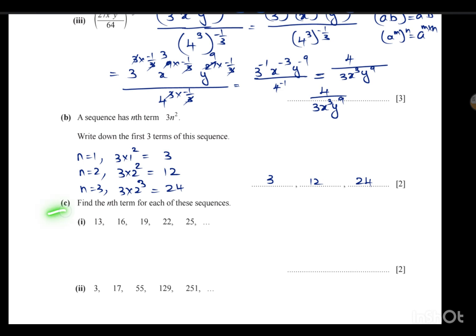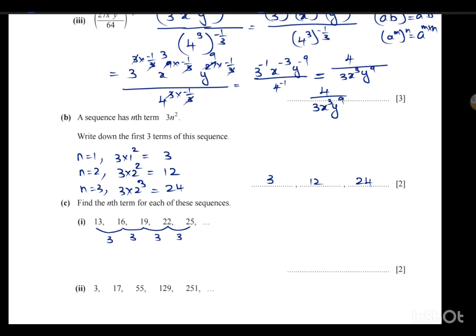Now question C, find the nth term of each of these sequences. Question 1, 13, 16, 19, 22, 25 and so on. Whenever you are finding the nth term for any sequence given, find the difference between each term. So 16 minus 13 is 3, 19 minus 16 is 3, 22 minus 19 is 3, 25 minus 22 is also 3.